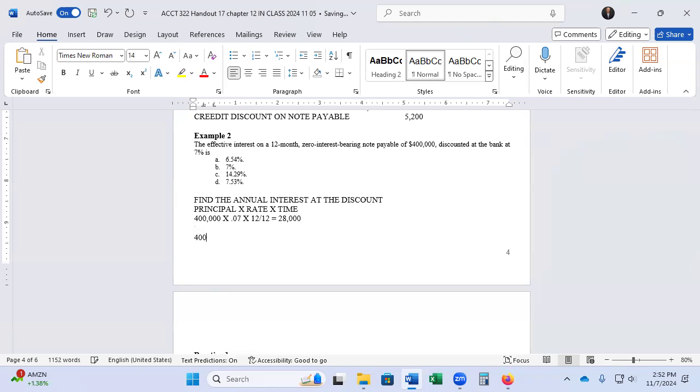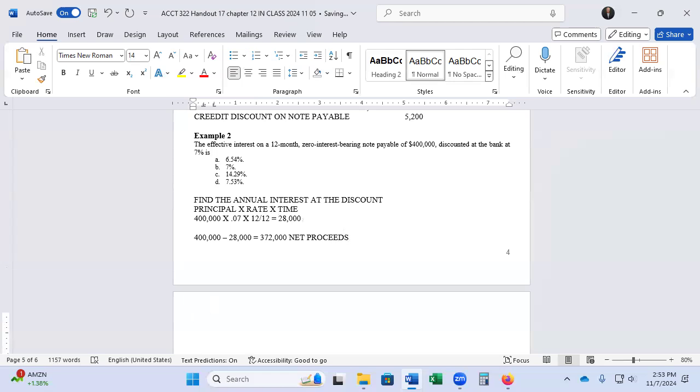And so you take the 400,000, subtract the 28,000, and you have 372,000. Sorry, that's just supposed to be 28. And so this is our net proceeds.